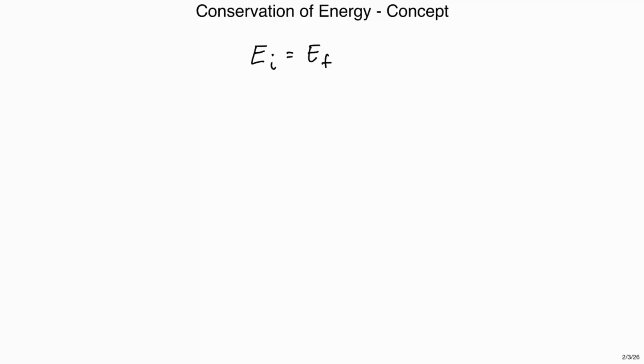Okay? This is actually not the way we're going to write conservation of energy in the long run. We'll get there. Okay? But in a very simple, overarching idea, no matter what happens, I have to end up with the same amount of energy that I started with, which can be rather confusing, right?